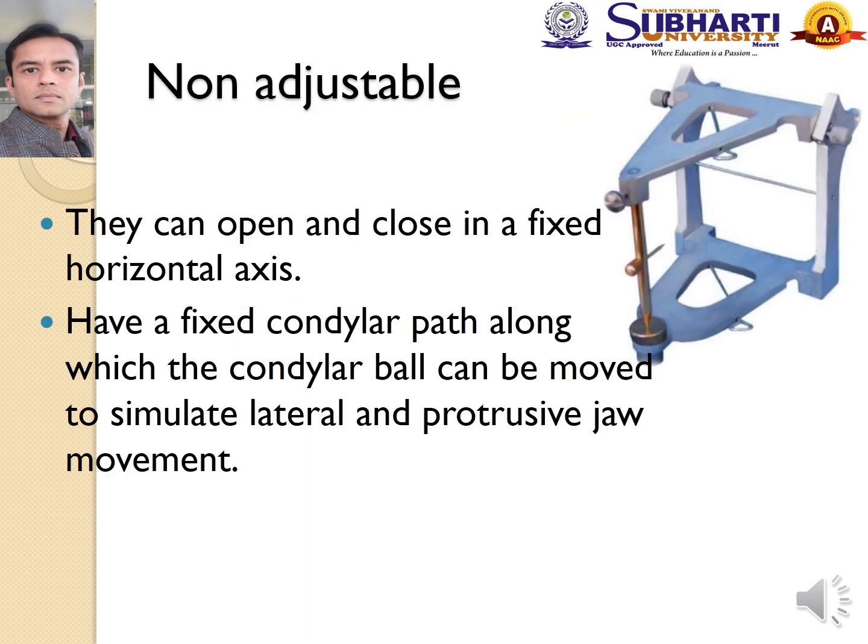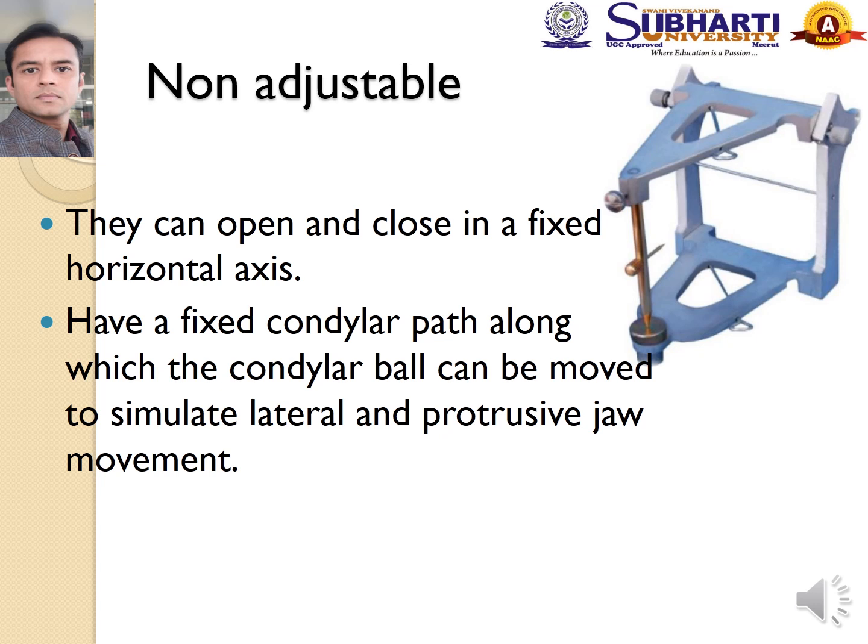Now going into the details, non-adjustable articulators, as you can see in the diagram, this is a mean value articulator or a 3-point articulator based upon the equilateral theory of occlusion. So these articulators, they can open and close in a fixed horizontal axis and have a fixed condylar path along which the condylar ball can be moved to simulate lateral and protrusive jaw movements.